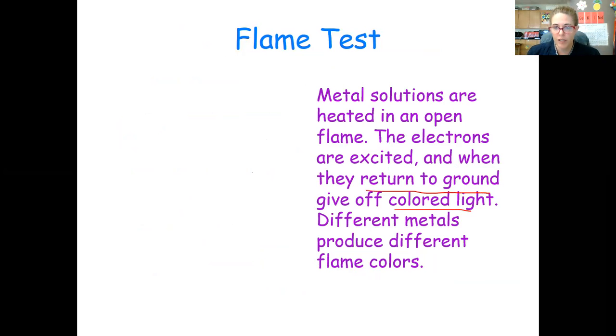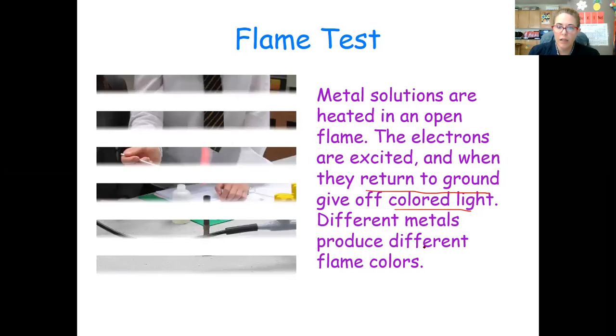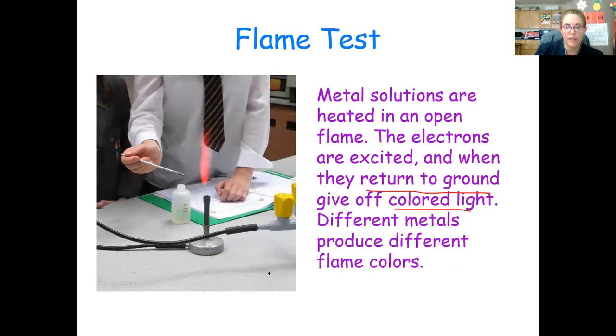This is where fireworks come from. Different metals produce different flame colors, right? So we can produce different flame colors based on the different elements that are present. This is the basis of fireworks. A red firework is because they have packed that firework with strontium, which produces a very bright red flame.